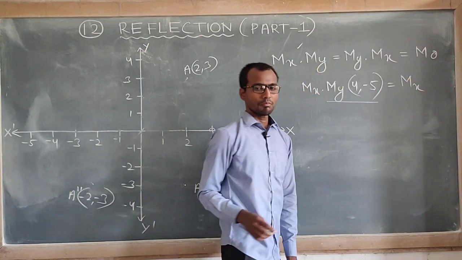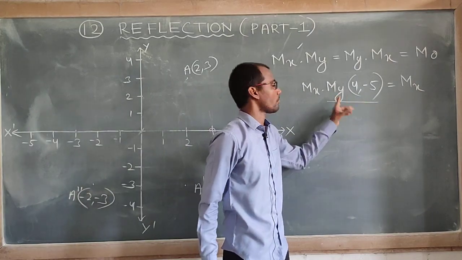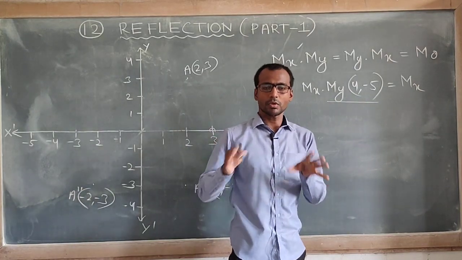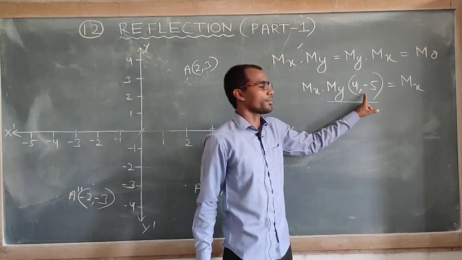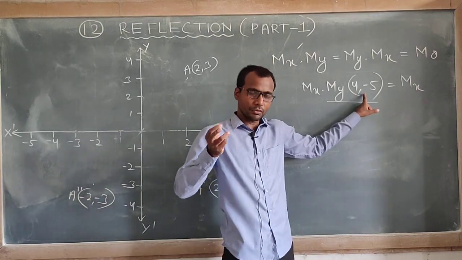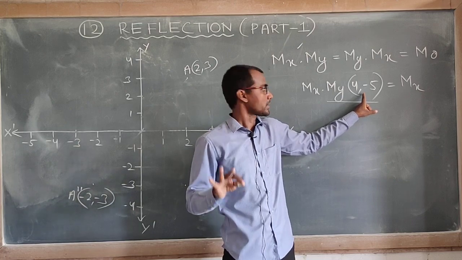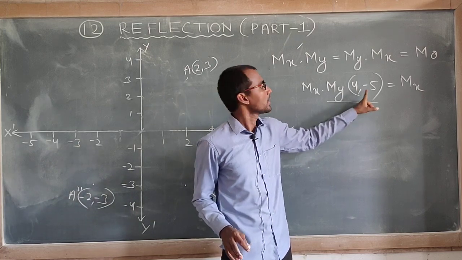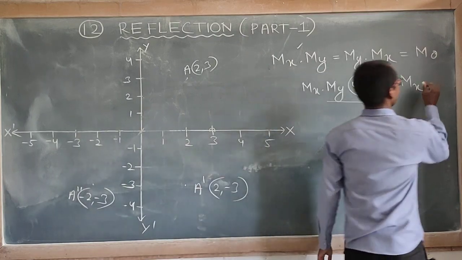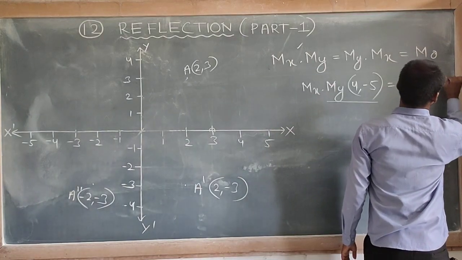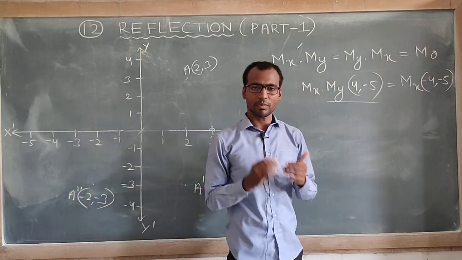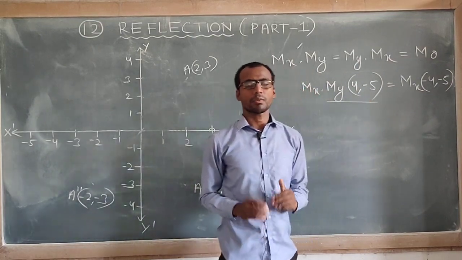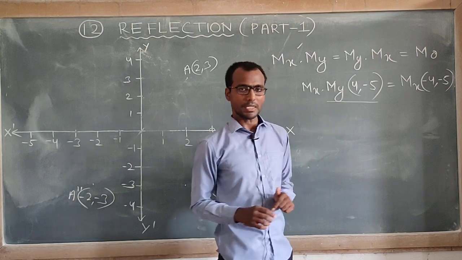So let us evaluate this point. This point will be reflected in the y-axis, without using brackets. We know the formula, we don't need a graph. If this point is reflected in the y-axis, then by formula, x will change. So this 4 will become -4. This will not change. So (-4, -5). So (4, -5) becomes (-4, -5) when the point is reflected in the y-axis.